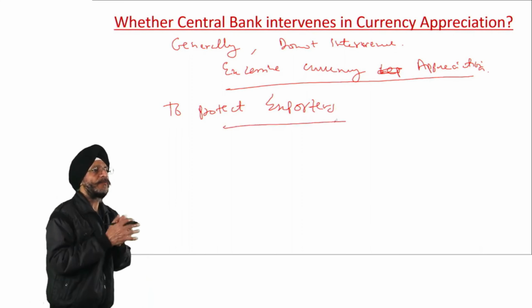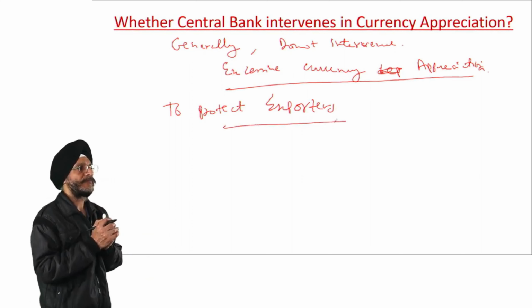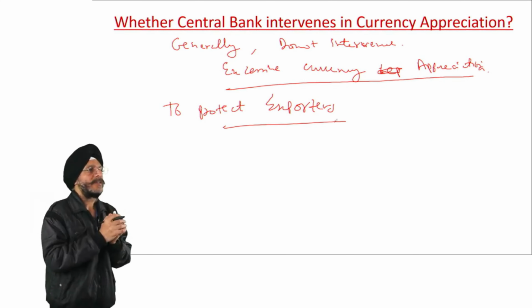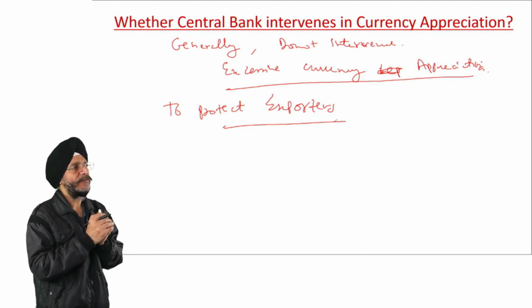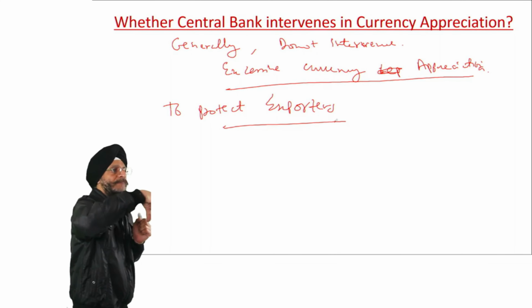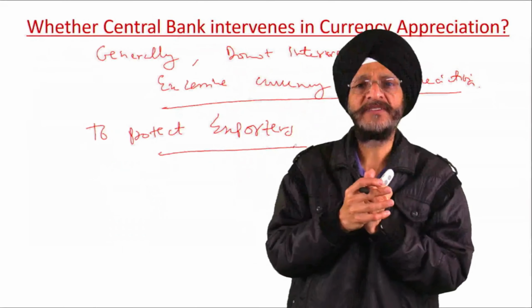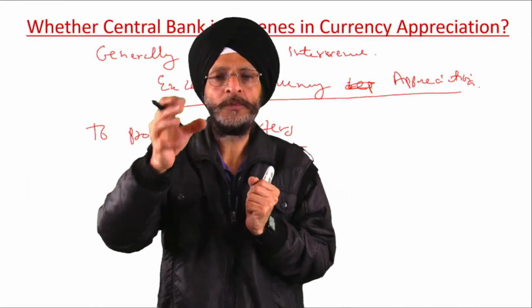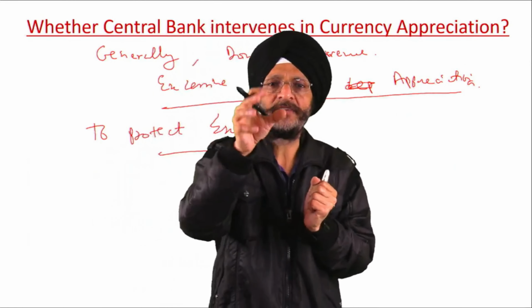Because when the currency of a country appreciates, the exporting goods become expensive for the foreign buyers. So the exports of that country are adversely affected, and it also results in job losses in the sectors involved in exports.